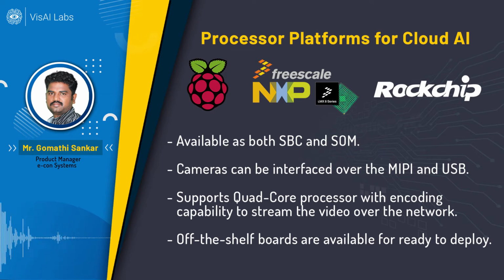So you may not be able to run a full-fledged edge AI algorithm here. You can use these platforms for grabbing the images, encoding them, and sending them across a network for a cloud AI. As I said, you can do the basic stuff, but the majority of the things should be done on the cloud AI.